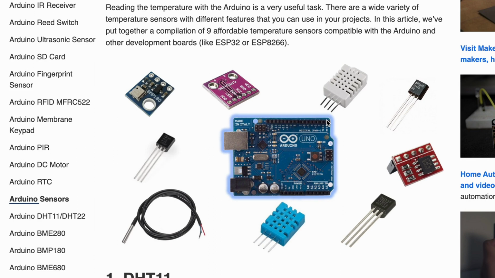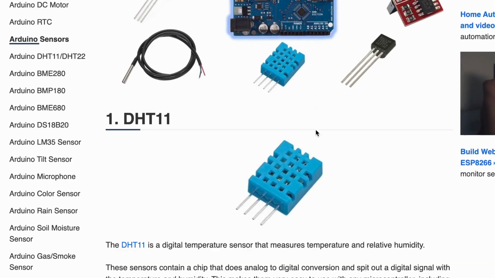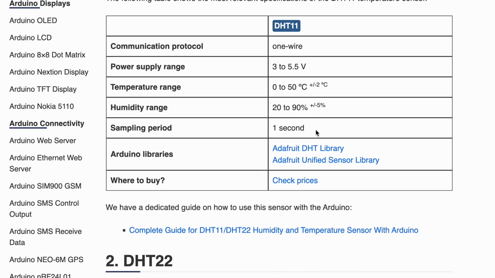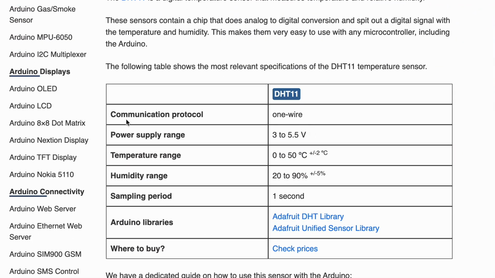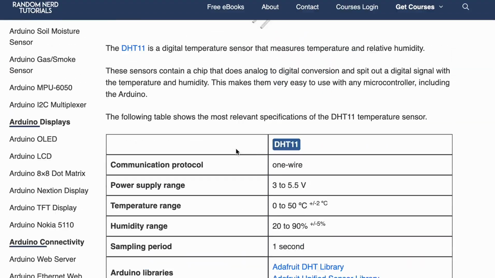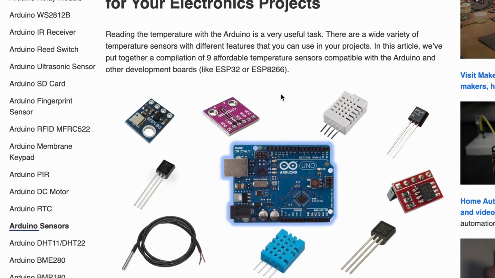Second, you must check for the sensors in the market. Then you must see that the sensor is compatible with the communication protocols, with the power supply, and with the embedded device that you are using for this IoT project.